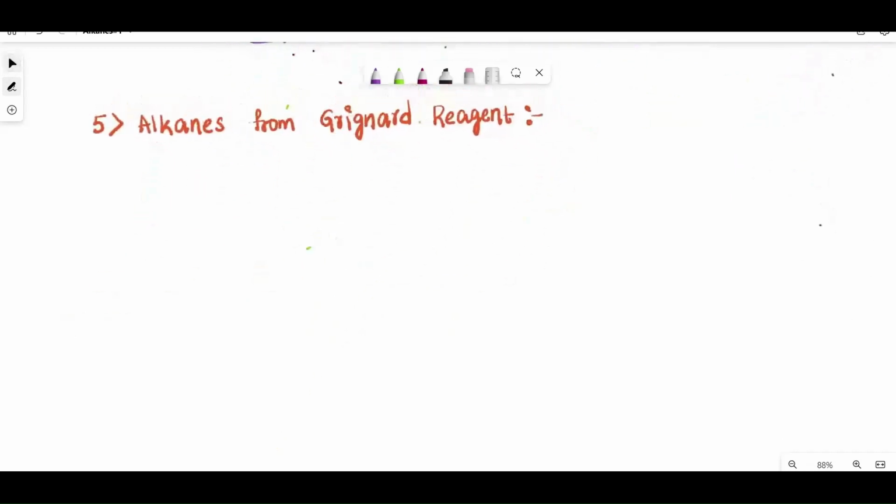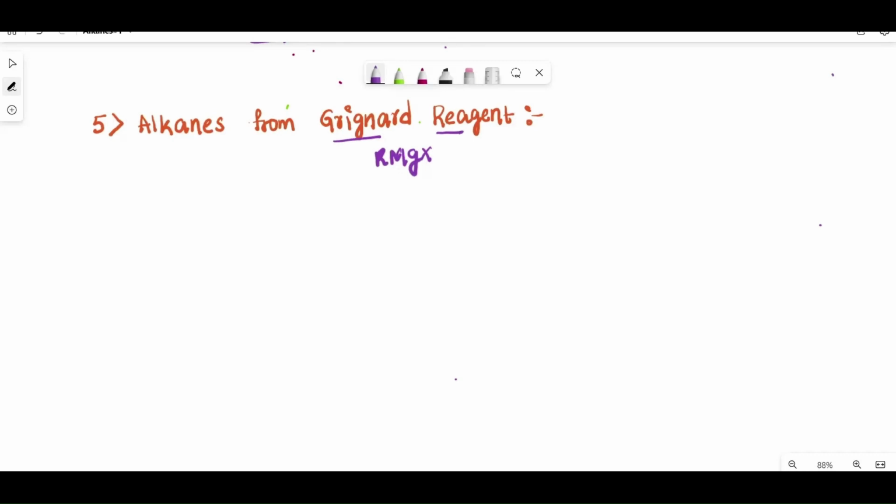So let's discuss another method. That one is the fifth method. Alkanes from Grignard reagent. This is more important. We will see this method mostly in organic chemistry. So let's see one example. Here the Grignard reagent is RMgX. This is the most famous reagent in organic chemistry.